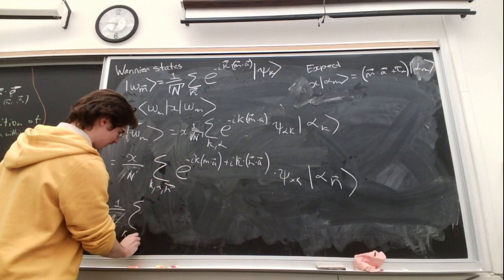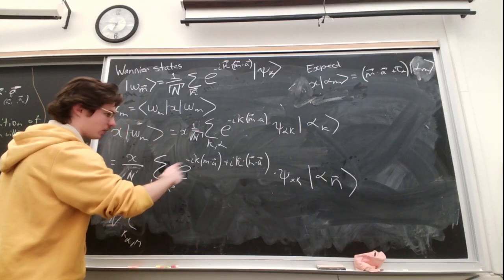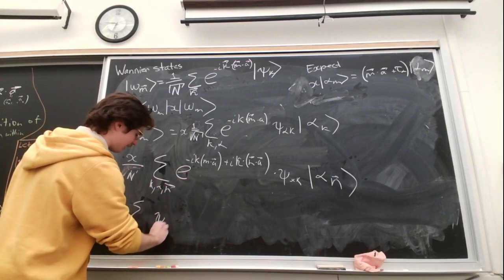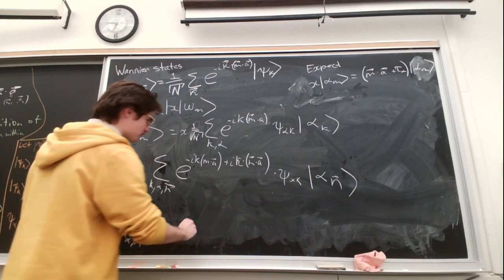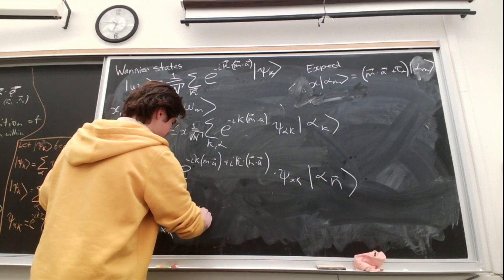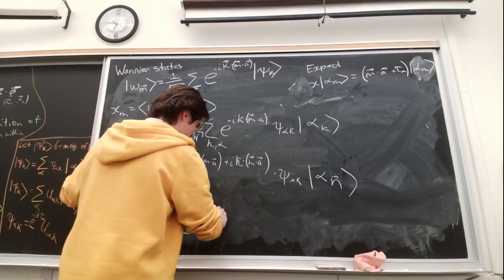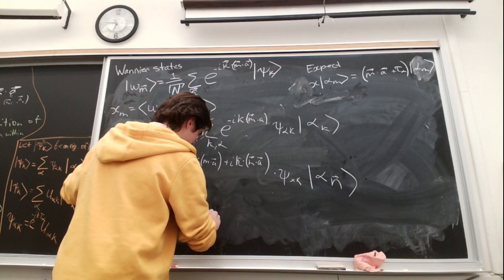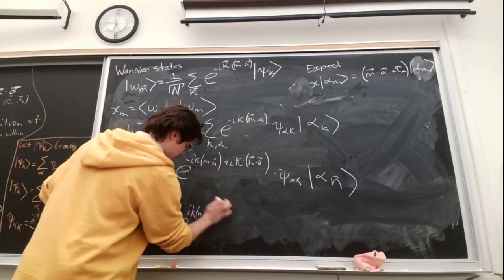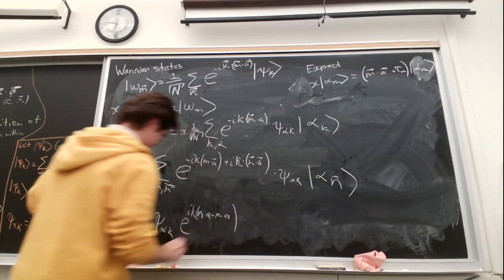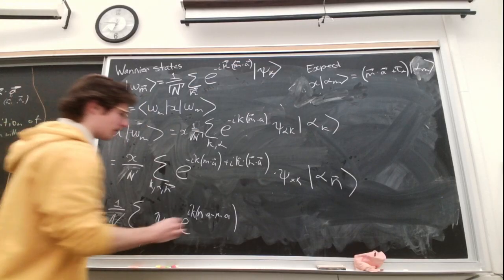So okay, I still have all of this, but now what do I have? I have psi alpha k, e to the i k m dot a plus i n dot a minus m dot a. Good.